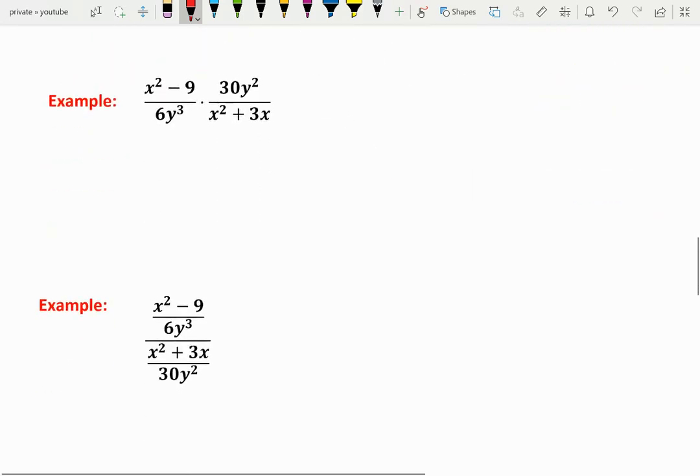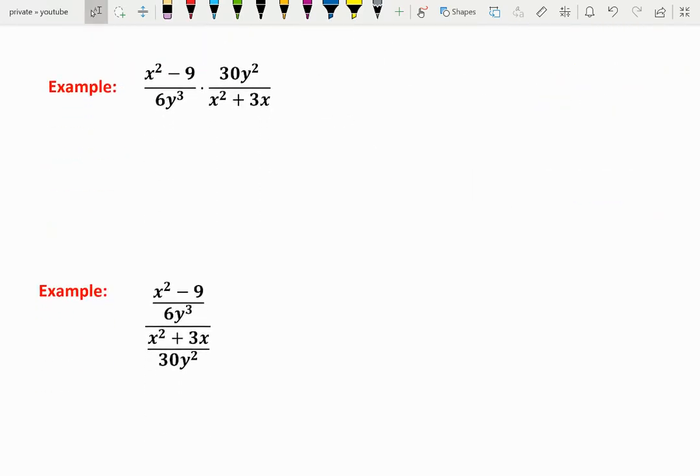Okay, so let's see another example. Let's say we are multiplying two algebraic fractions. How can I factor? In the numerator I have x minus 3 times x plus 3. I cannot do anything with 6y cubed.